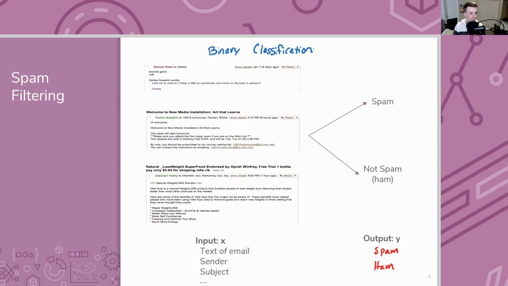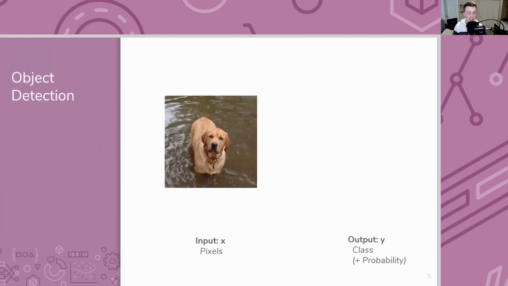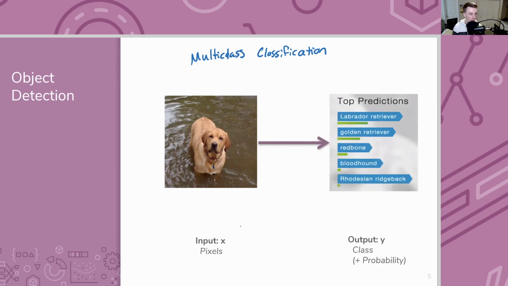This is not the only type of classification you might be concerned about. There's also a very natural extension to this, which we call multi-class classification. When the classes you're trying to predict might be more than just two possibilities, in this case you might have a picture of something like a dog, and you might want to output what labels from a set of many possible labels you think are relevant for this picture.